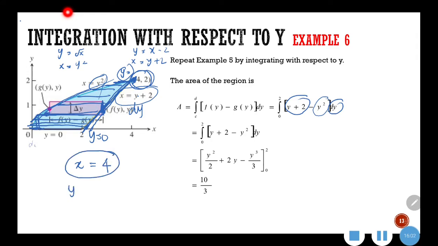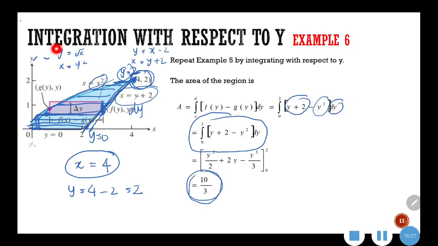So y is equals to 4 minus 2, y is equals to 2. So this is y equals to 2. So that's why here we have this integration from 0 to 2, y plus 2 minus y squared dy. So if you solve the integration, you will get the same answer, which is 10 over 3.